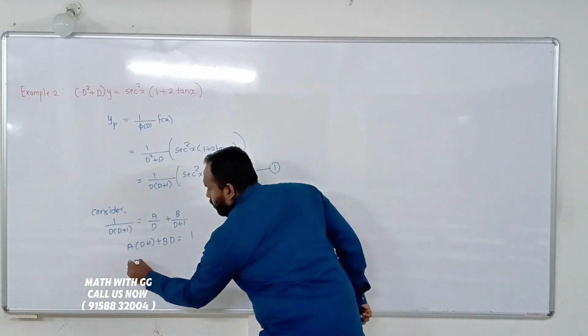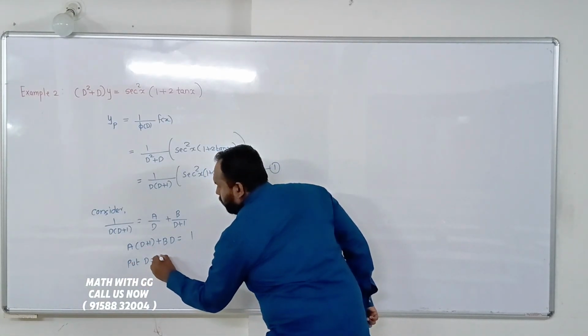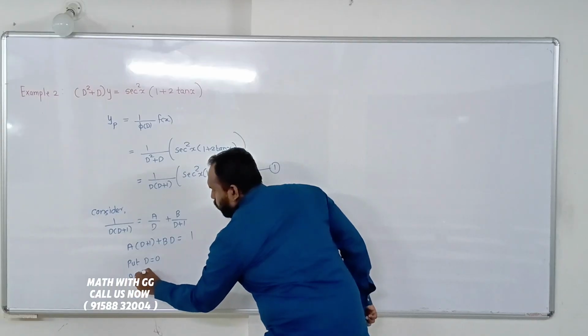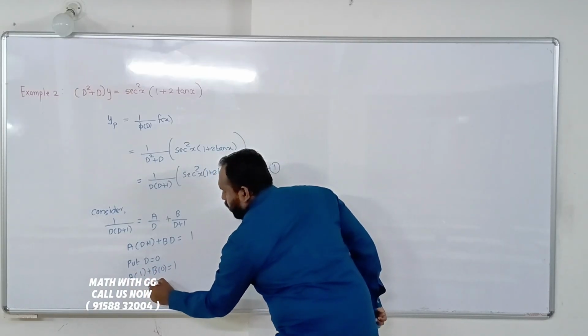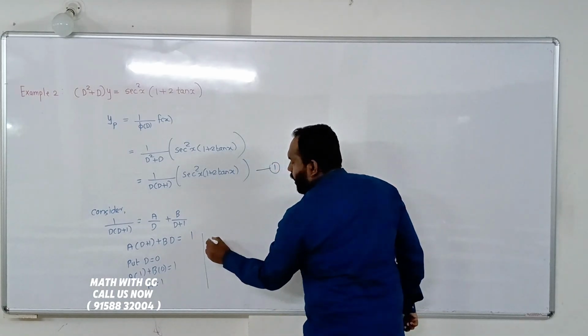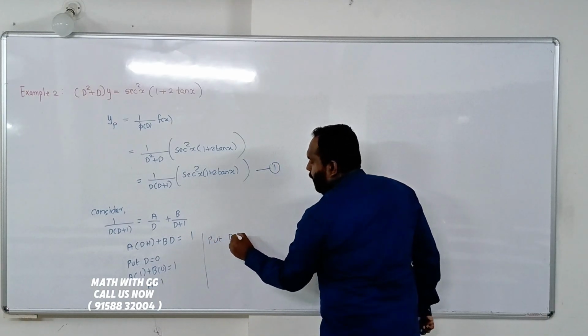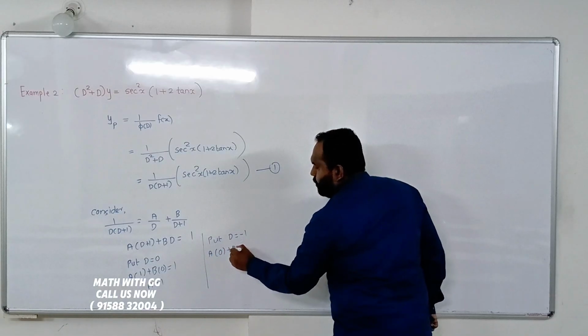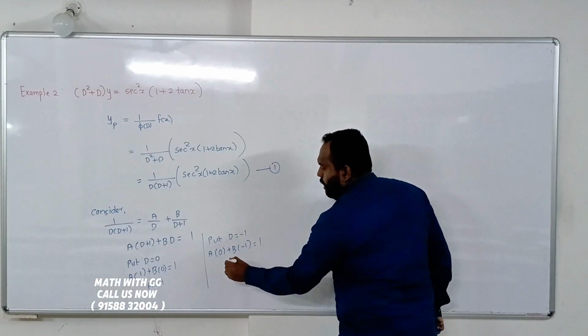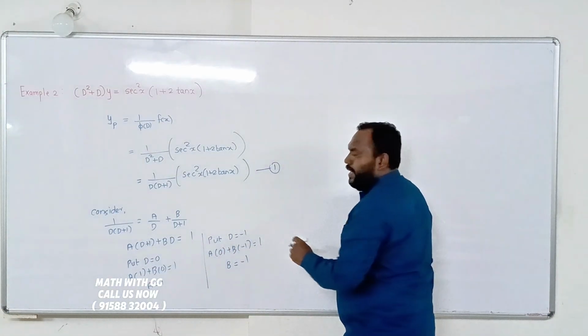If we put D equal to 0, we get A into 1 plus B into 0 equal to 1, that is A equal to 1. Similarly, if we put D equal to minus 1, we get A into 0 plus B into minus 1 equal to 1, that is B is equal to minus 1.